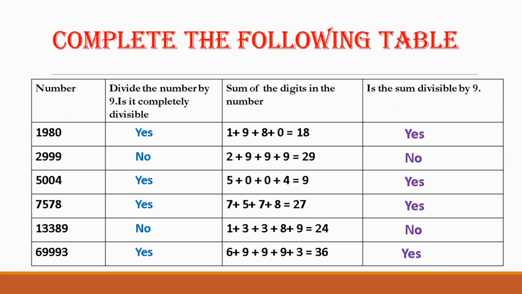This is completely divisible by 9. When we take the sum of its digits, 6 plus 9 plus 9 plus 9 plus 3, which is equal to 36, and this sum is divisible by 9. So obviously 69,993 is divisible by 9.